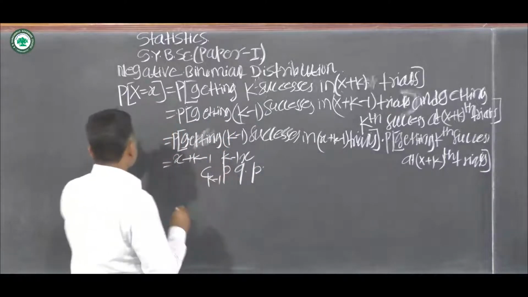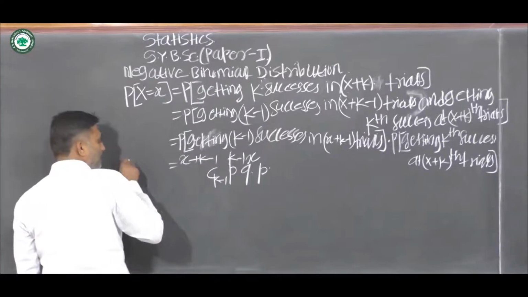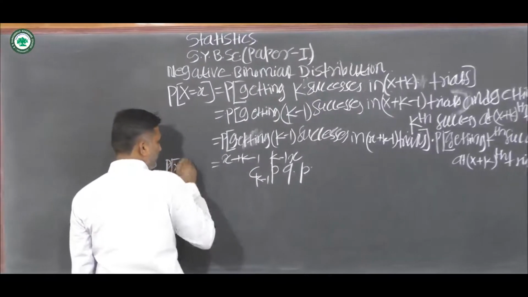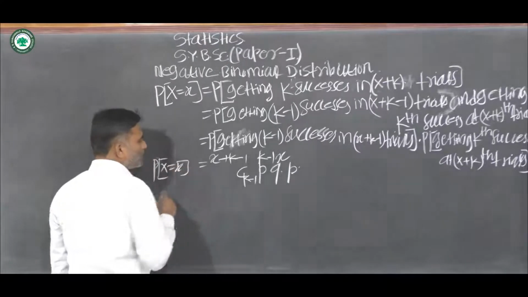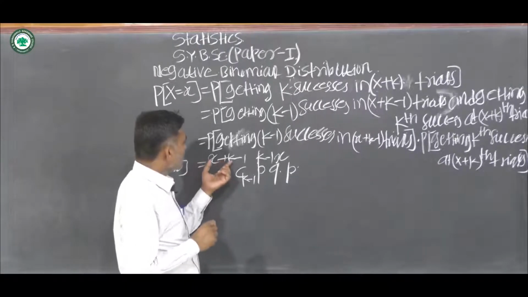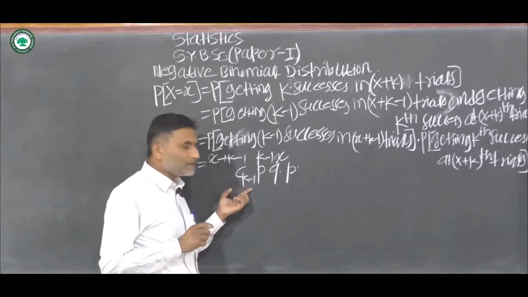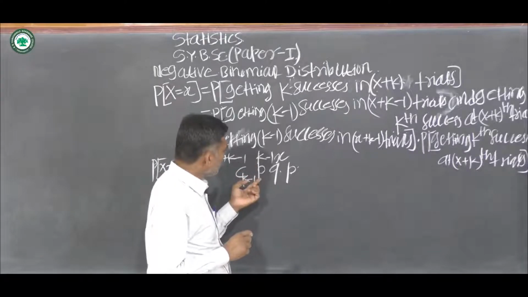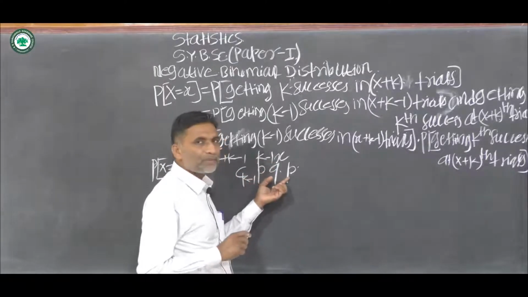So the probability of random variable X is equal to x plus k minus 1 C k minus 1 into p raised to k minus 1 into q raised to x into p.